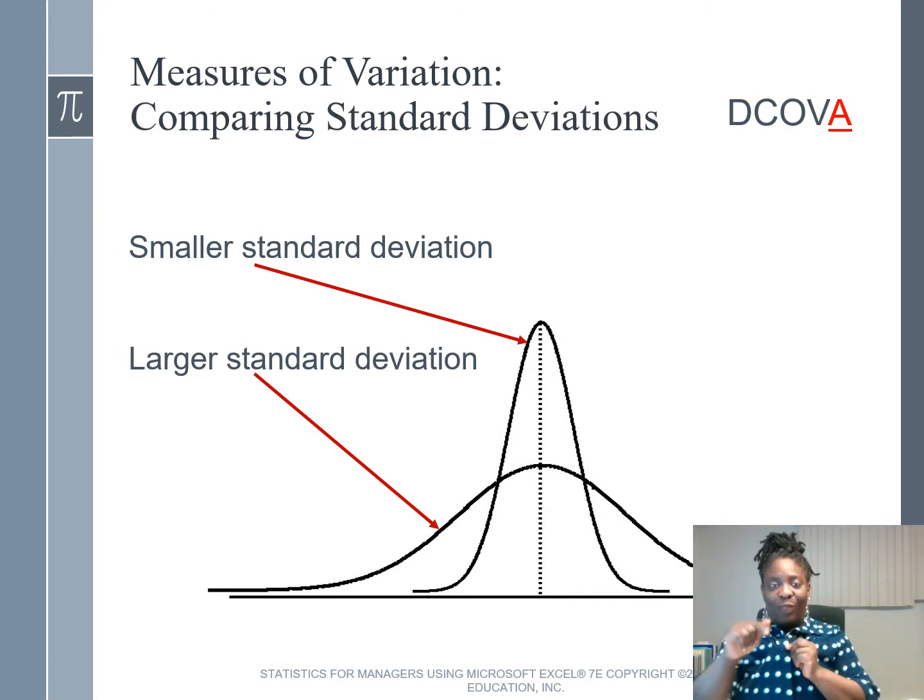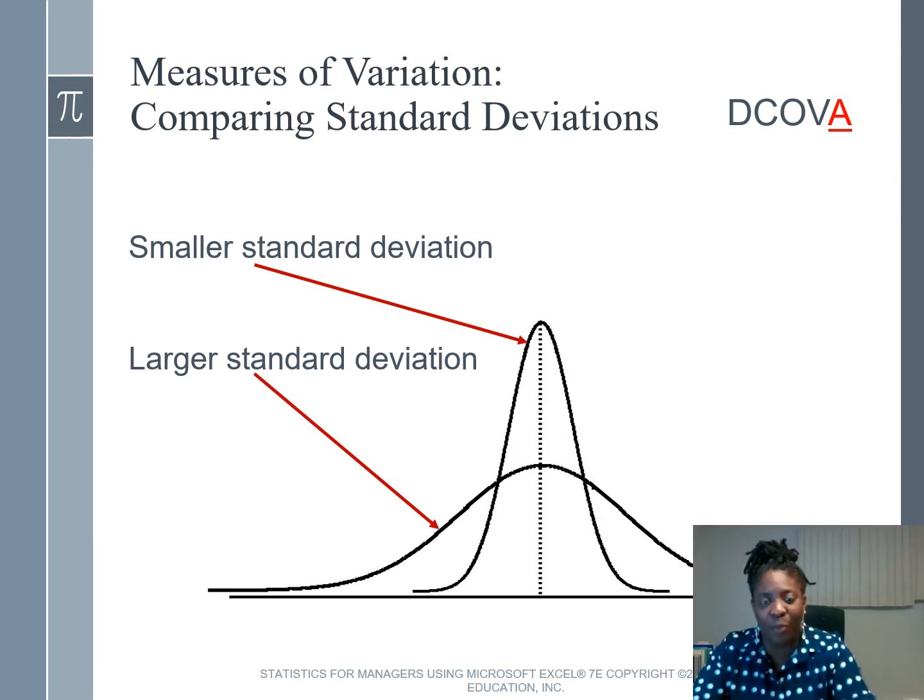Why do we care? Well, remember when I told you that we use the mean of the sample to predict the mean of the population? If the standard deviation is small, then we have more precise estimates. That's what it is. When we use the mean as a predictor, it means the margin of error is smaller.